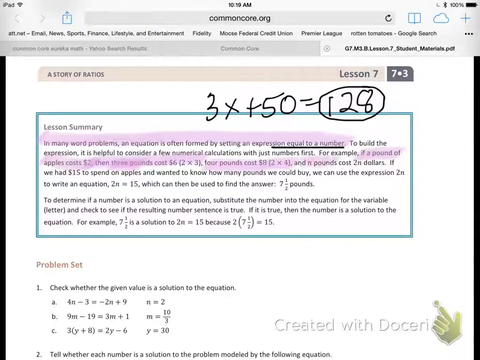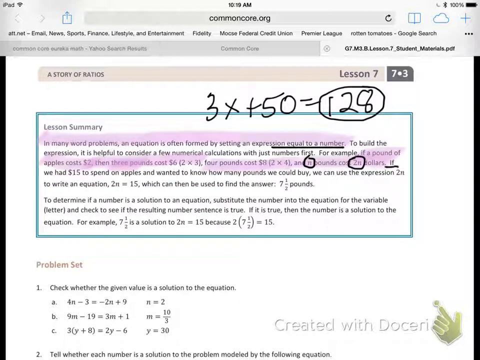And n pounds cost 2n dollars. So if you want to find the cost for any number of pounds, you can add your variable there.